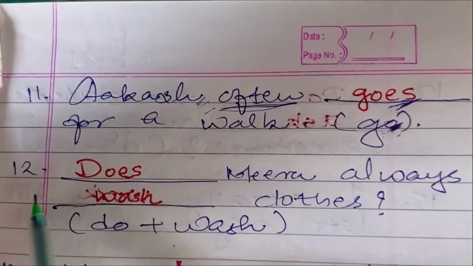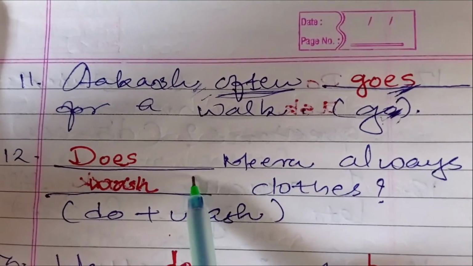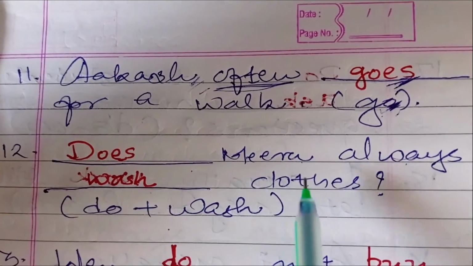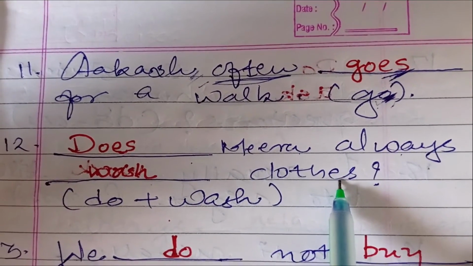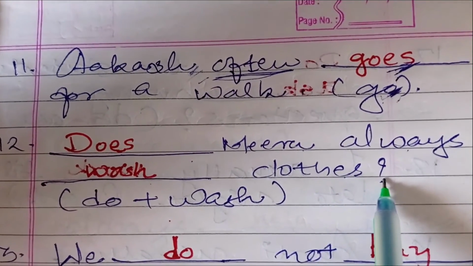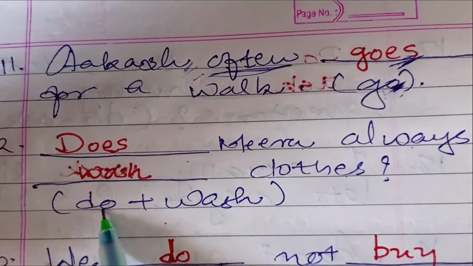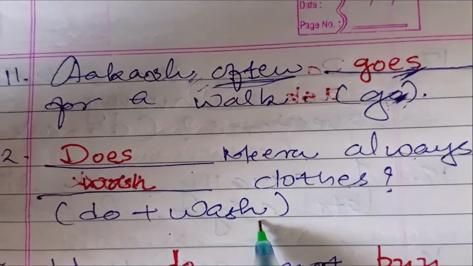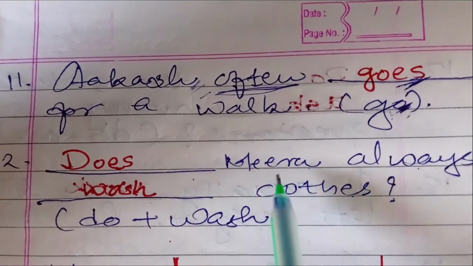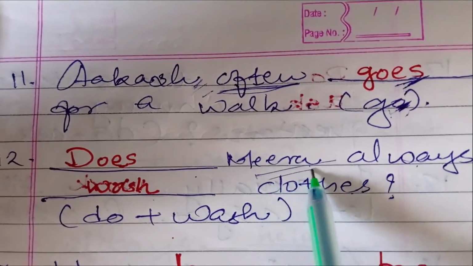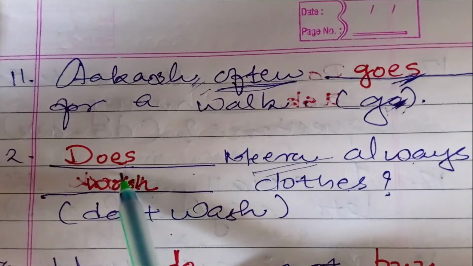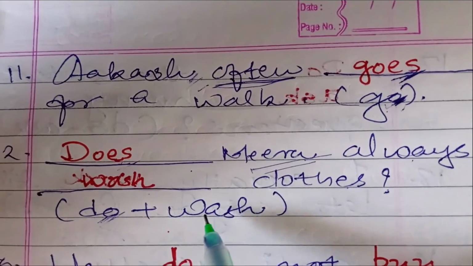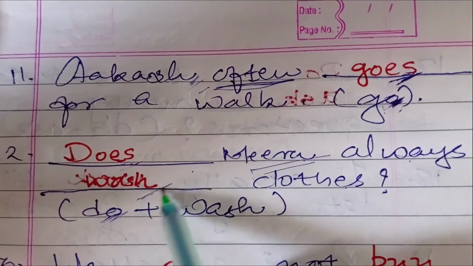Now 12th question. Dash Meera always dash clothes, question mark, in bracket do plus wash. So here third person singular, so we will add es with the do and verb root form, original form.